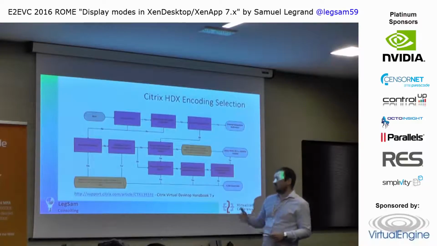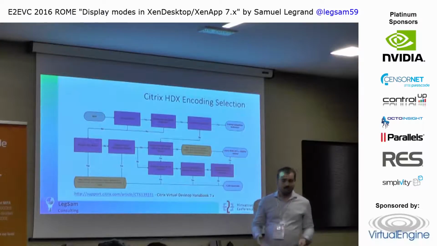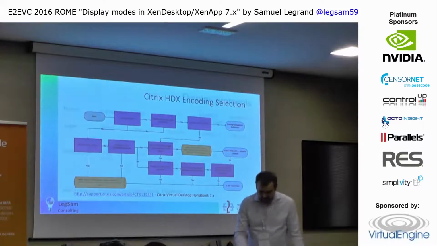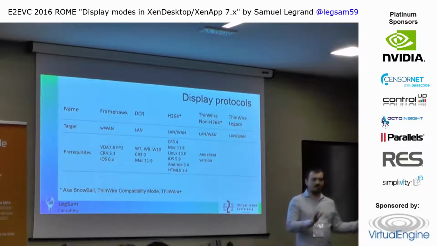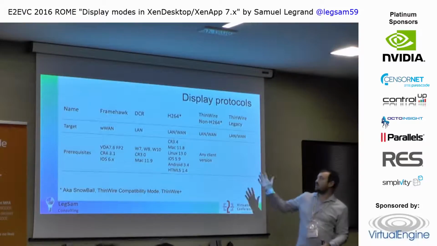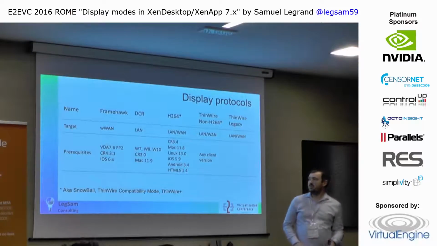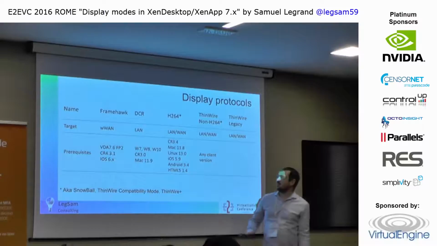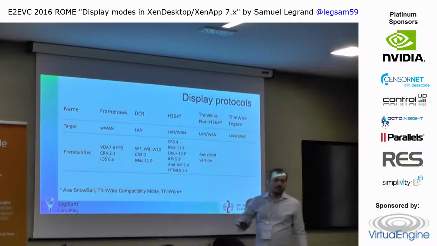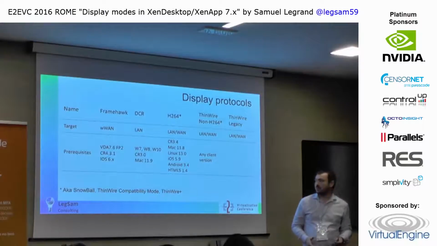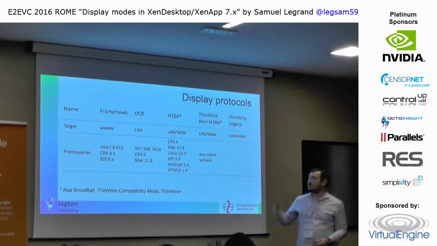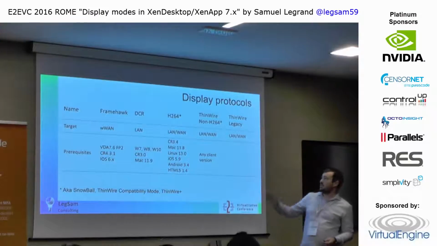So it exists, so you can use it, but we'll see that there are some other things. If we stop at 7.6 FP3, these are the display protocols available. From Framehawk, which is only designed to work in a wireless WAN environment, to DCR for desktop composition redirection. DCR is for LAN.